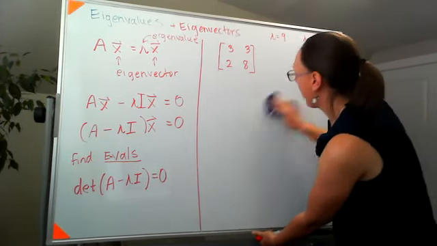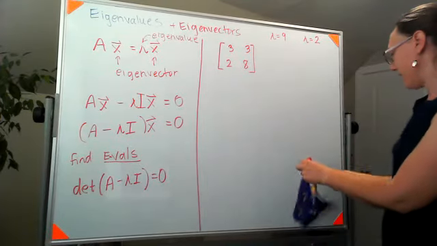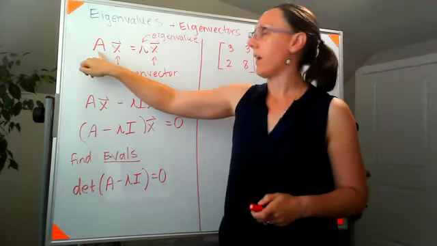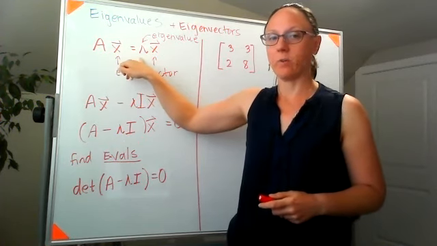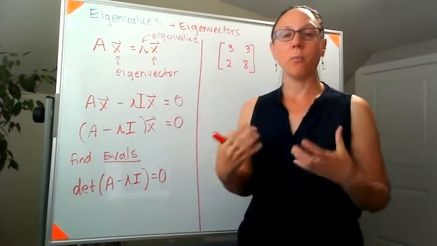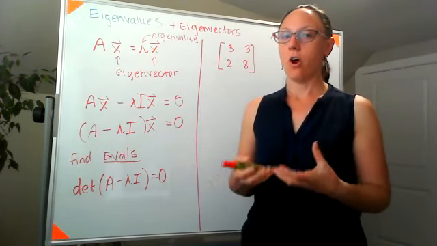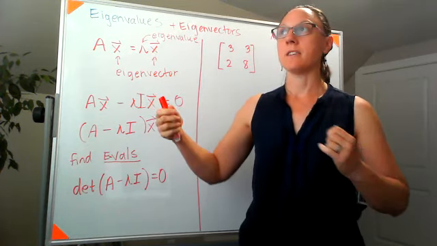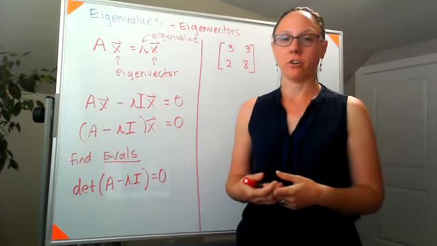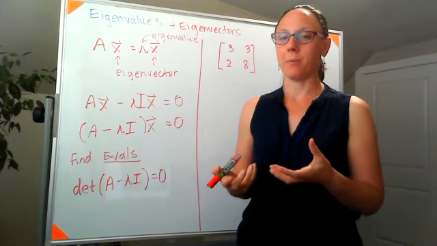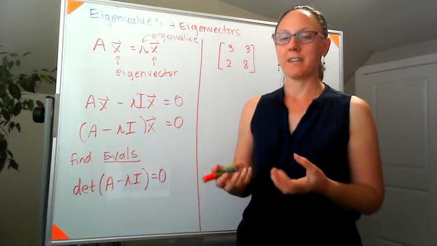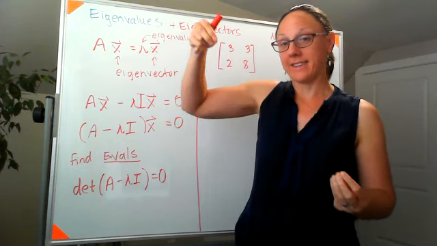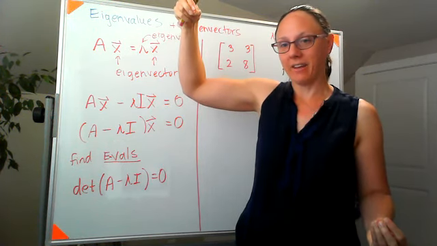The reason for that is if we go back to this relationship where A times our eigenvector is equal to lambda times the eigenvector, multiplying by the matrix A all it's going to do to that eigenvector is change the length. That means when we specify an eigenvector, we're really almost specifying a direction, because any vector that lies along that same direction is an eigenvector.